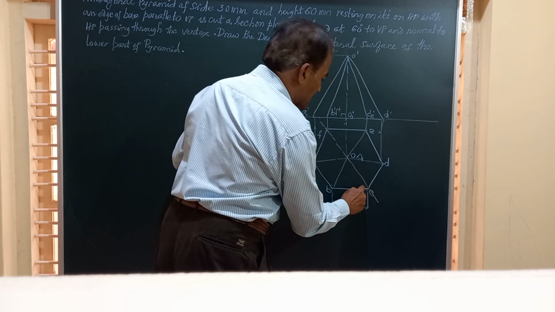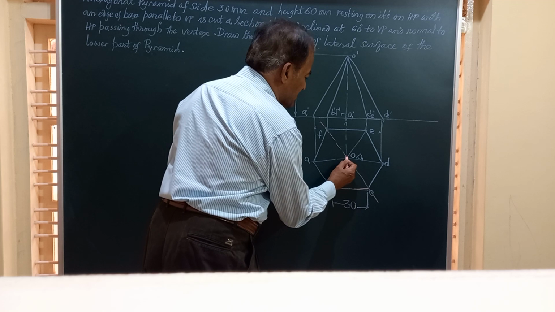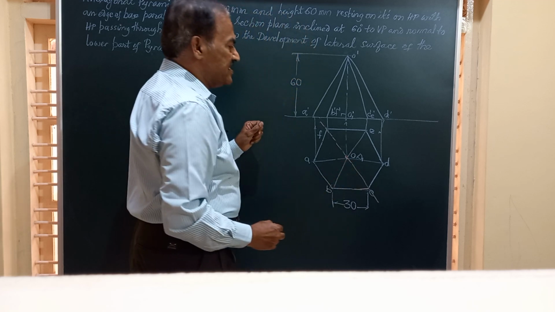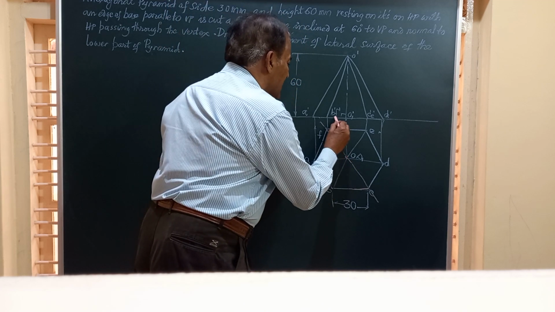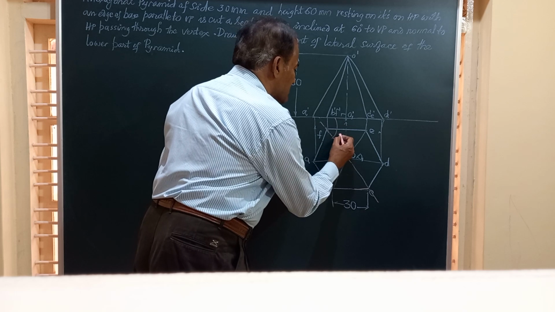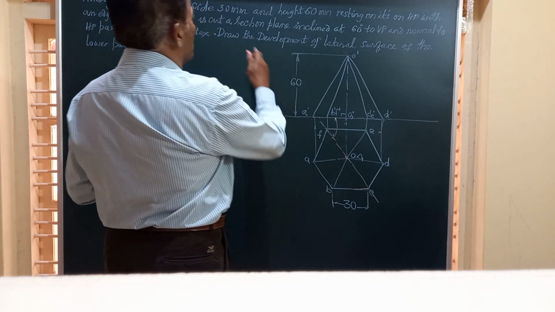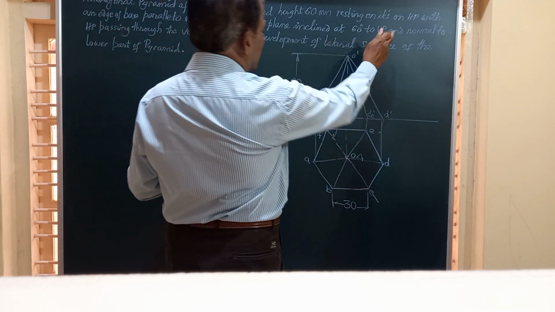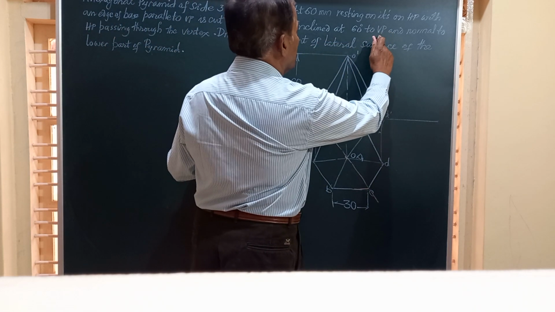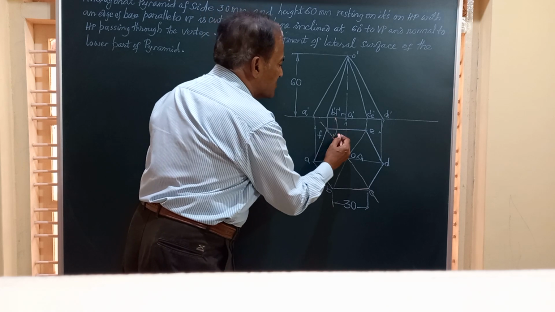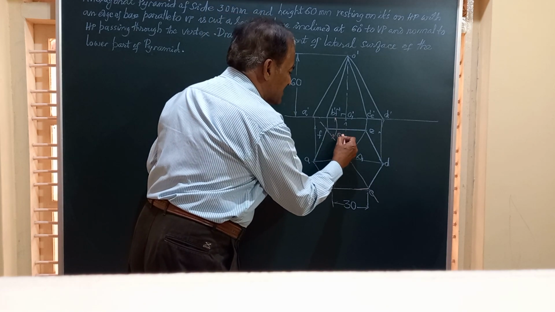Suppose this is one corner, this is the other corner, and this is the vertex. So this angle as per the problem is going to be inclined at 60 degrees to VP. This angle is to be 60 degrees.